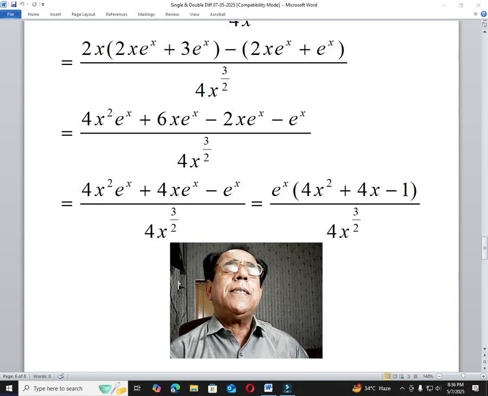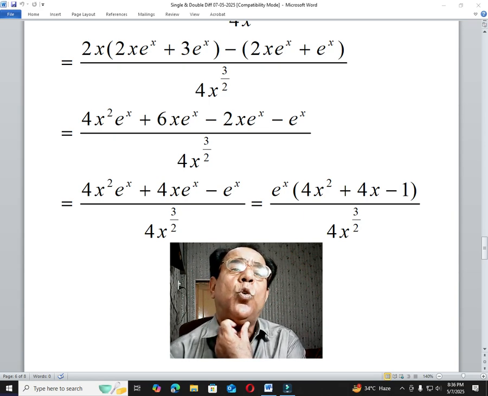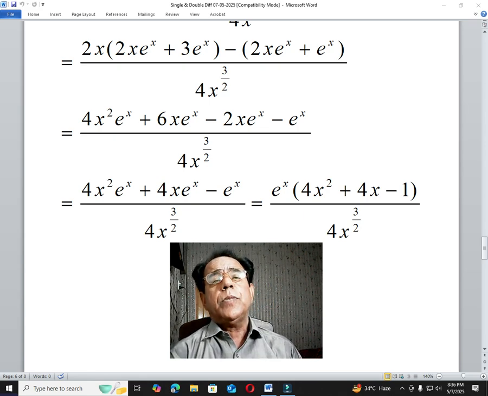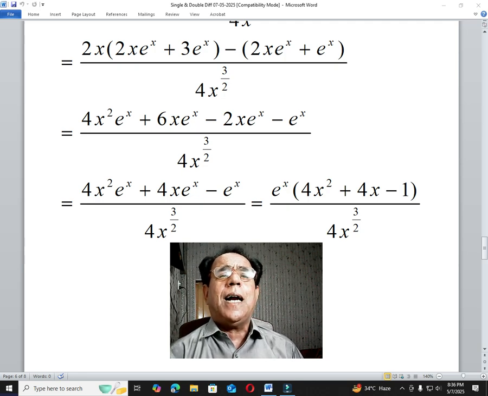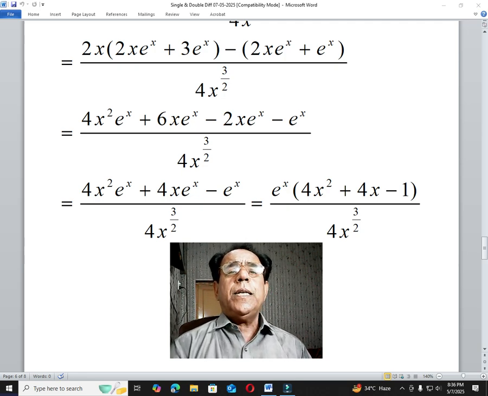So from 6, 2 will be subtracted, and we will get the result as 4 into x into e raised to power x. Okay, only this simplification exists, remaining all terms exist as they are.